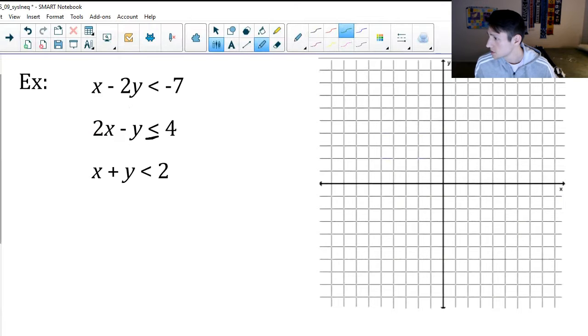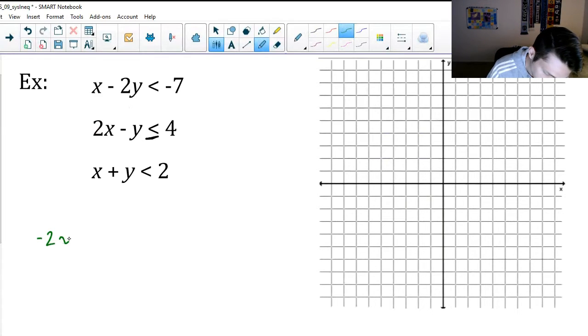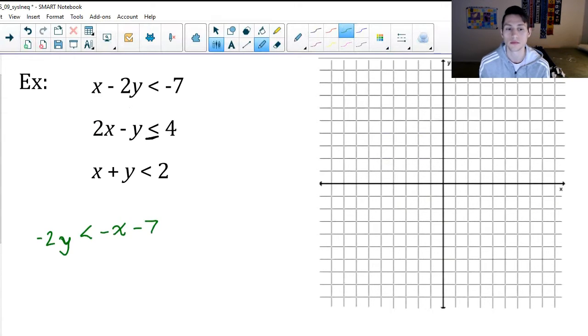First things first, if I want to graph these equations, I need to put them into slope-intercept form. So I'll take that first equation and subtract x from both sides so that I can move the x over to the right. I'll divide both sides by negative 2.